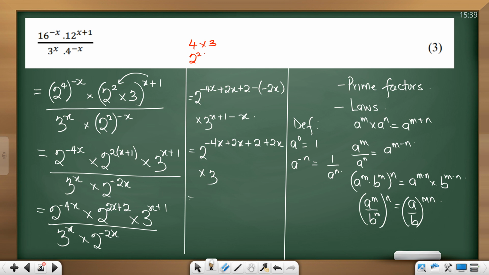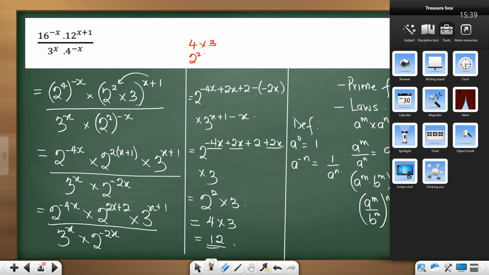We're left with 1. Now, what is 2x plus 2x? 4x. Minus 4x would give me a 0. Lovely. I'm only left with 2 to the power 2 times 3, which is 4 times 3. And our answer is 12.